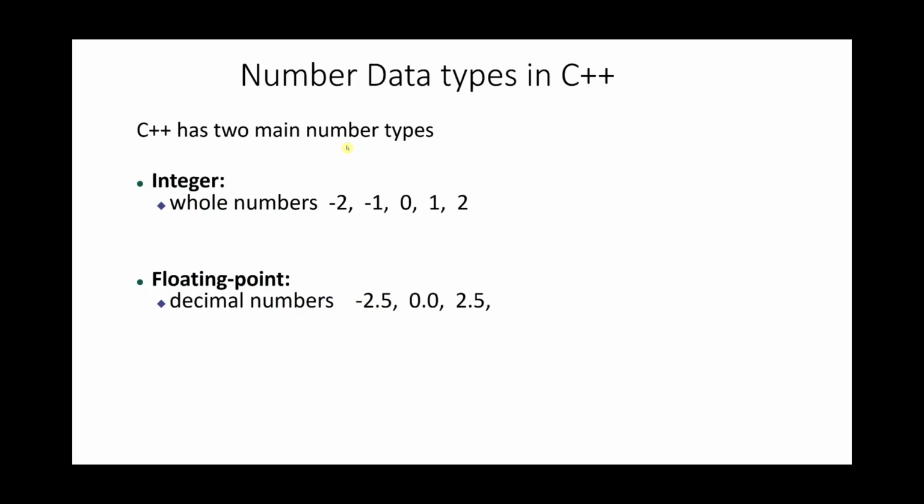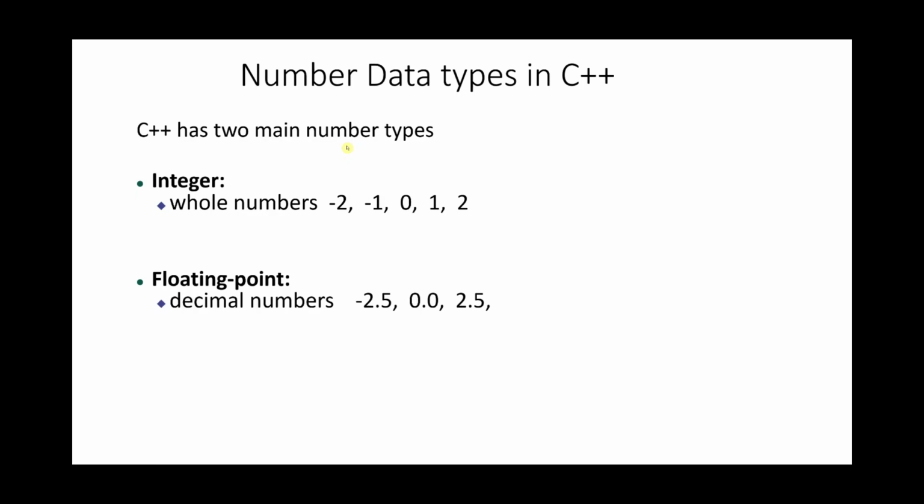Okay, let's talk about the main number data types, the integer and the floating point. Now, the integer is the default for whole numbers, and the floating point default is double. Does it mean we don't have anything but integers and doubles? No, we have a lot, depending on the size of the variable we want.